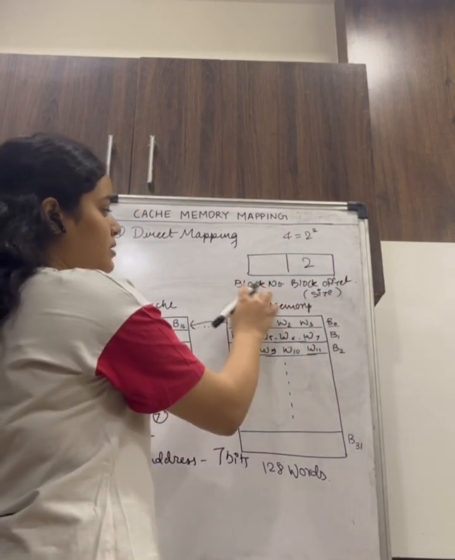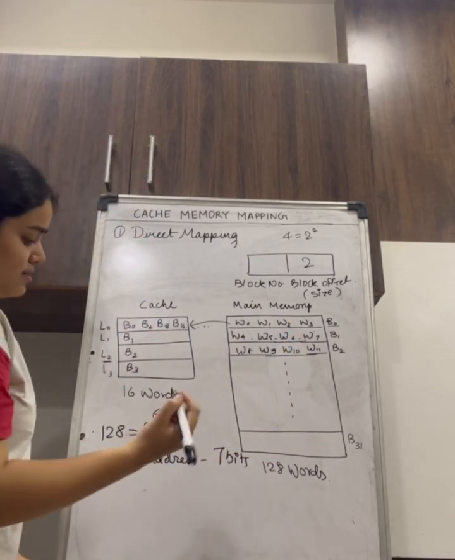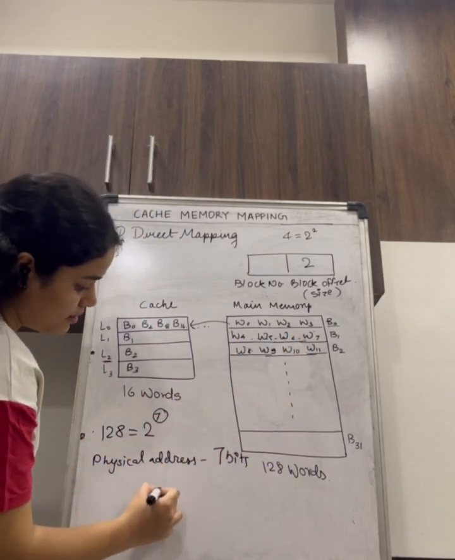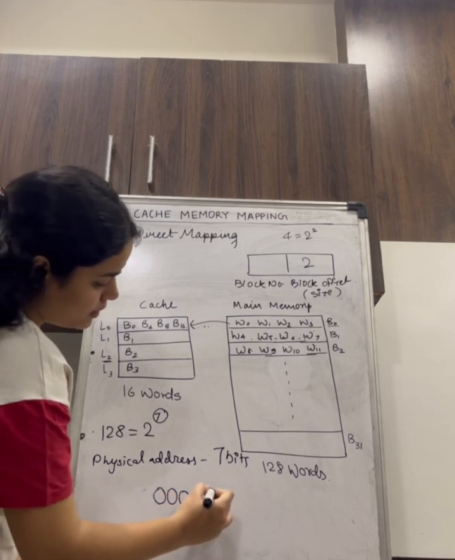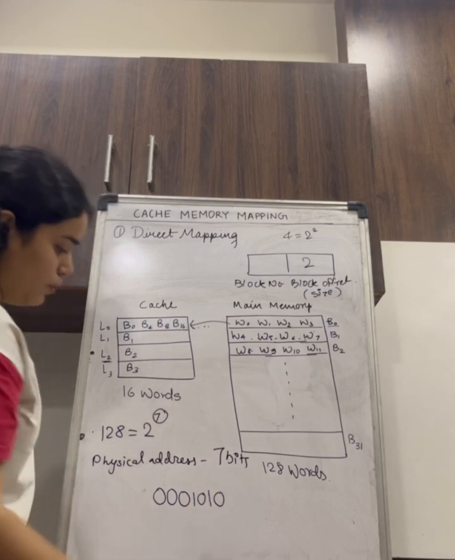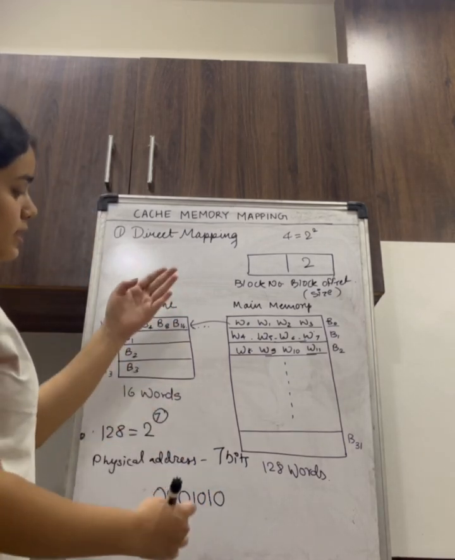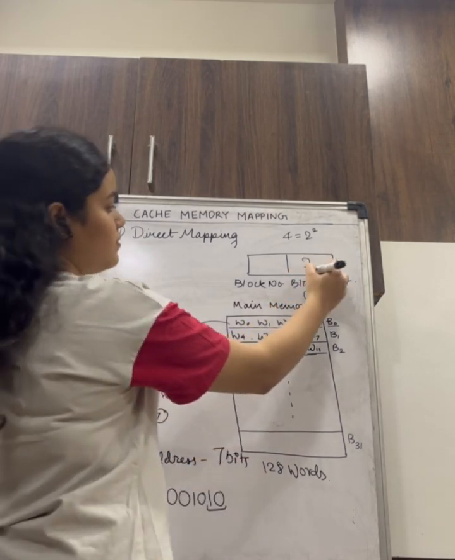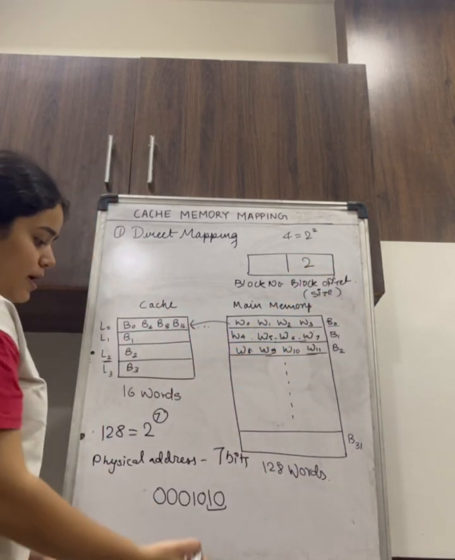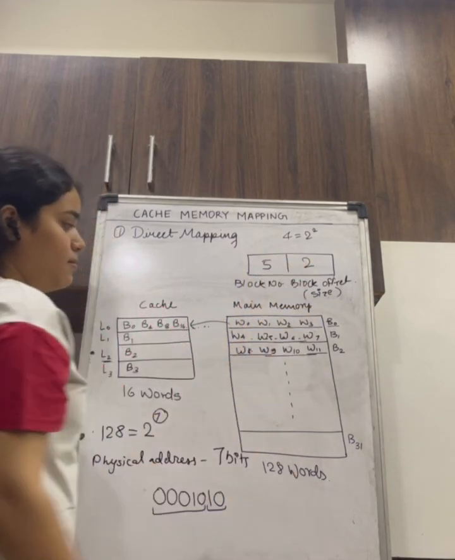Whereas block number is the number of blocks. So let's say for example, we have a physical address of 0001010. So in this address, the last 2 digits will represent the block offset and the first 5 digits will represent the block number.